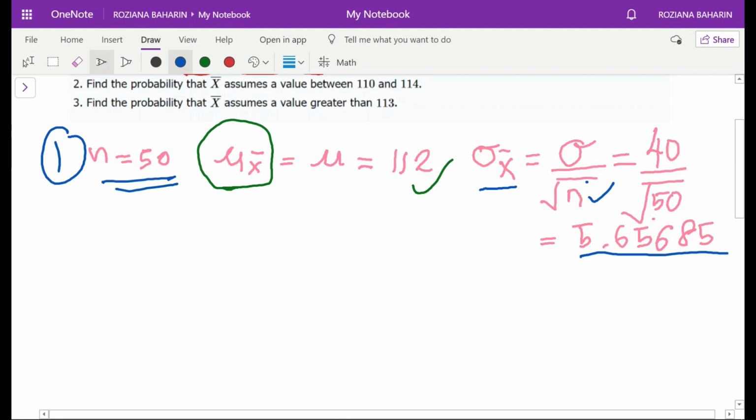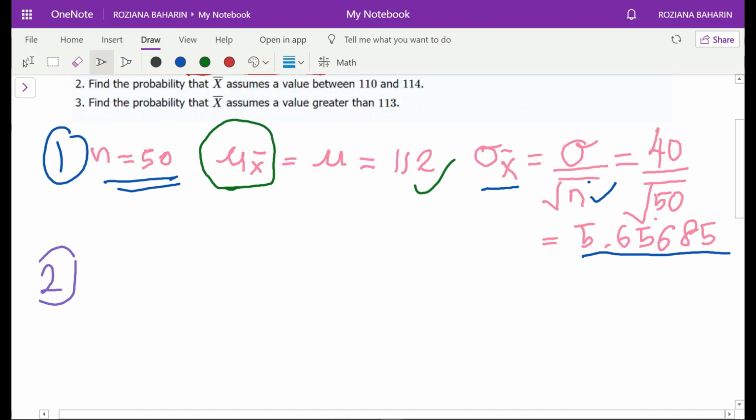I think this example has also been given in the lecture notes, but we still go through it. Look at the wording here: probability that X bar. So you need to form a notation to denote a probability of X bar. So how would we write this?